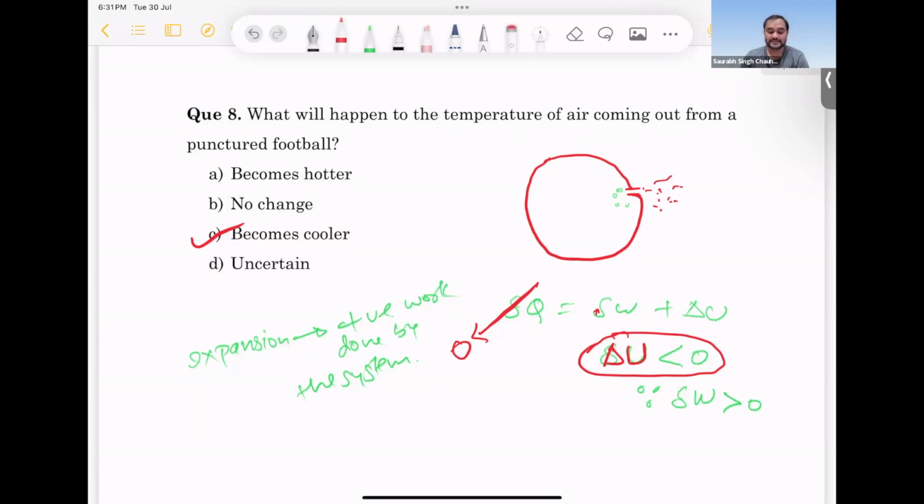The sudden expansion of a gas produces a cooling effect. So if there is no problem, then we can move to the next question.